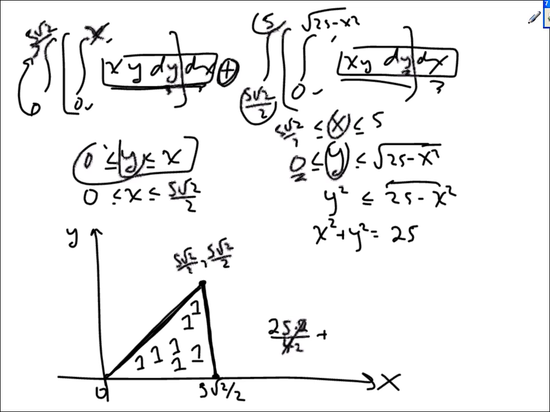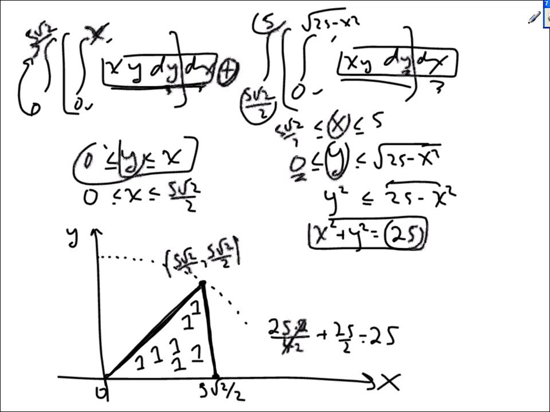And if I square the y value, I get the same value. 25 over 2 plus 25 over 2 is 25. This is the circle of radius 5, centered at the origin.